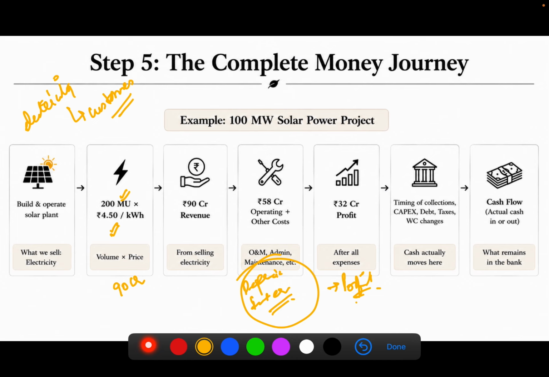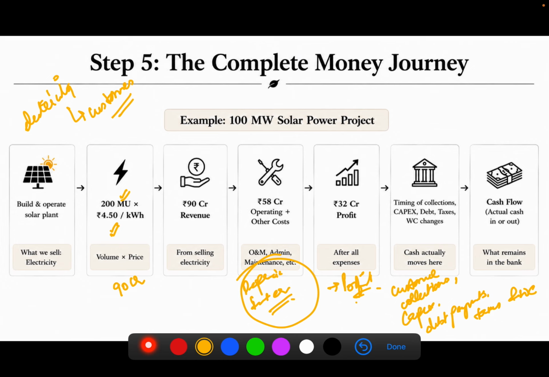Now, the timing of customer collections, as we discussed in the last slide, the capital expenditure, debt payments, taxes, and working capital changes can all affect the cash flow.